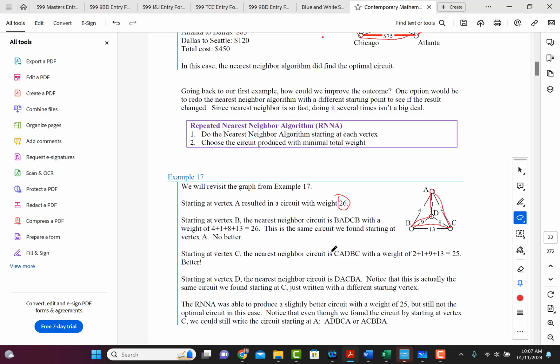Here we had CADB, and here we had the same thing, CADB. Oh, and by the way, this is a typo. This should not be A. It should be B.